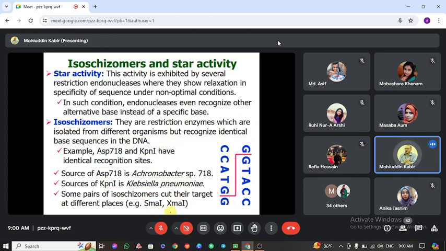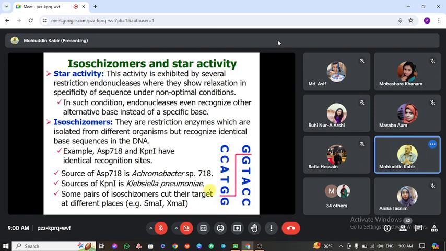Let's say, instead of cutting between C and A, probably they will be cutting the phosphodiester bond between two cytosines. So that will be the difference.